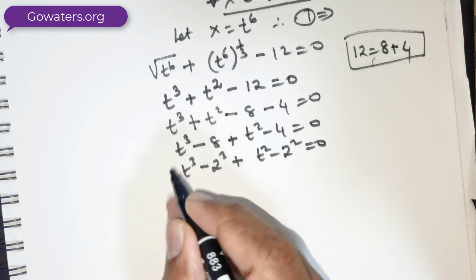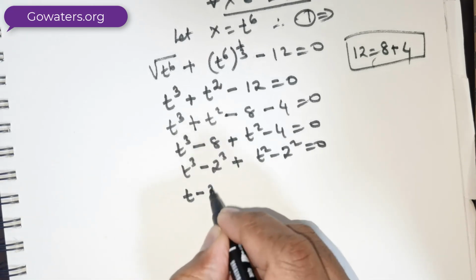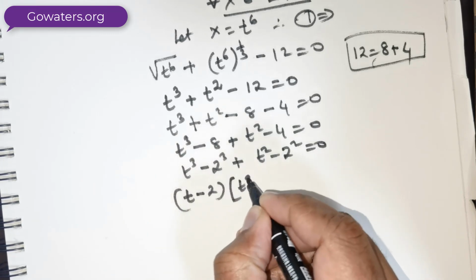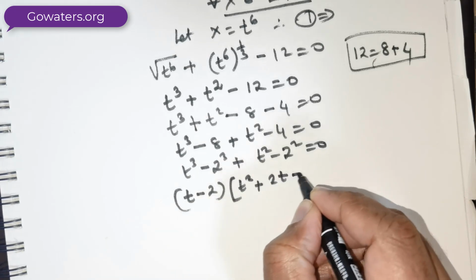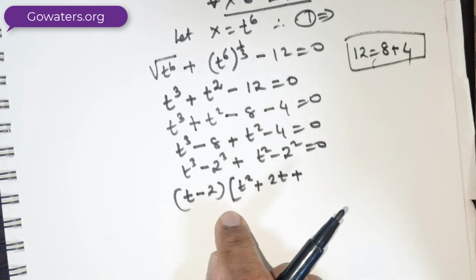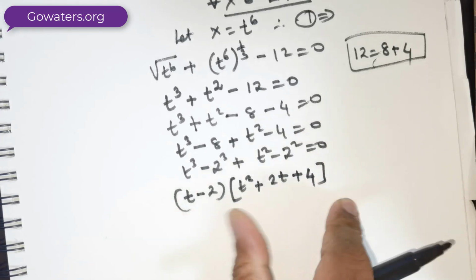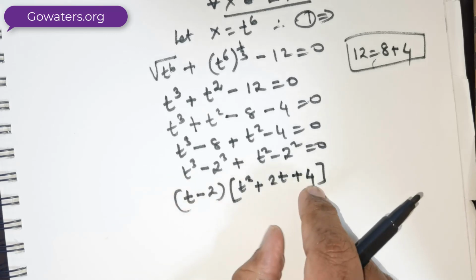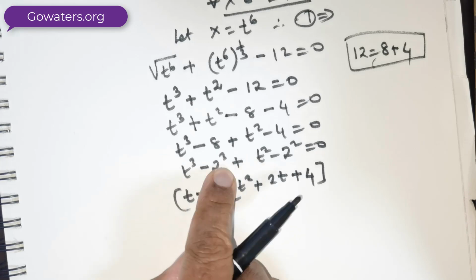Now I can rewrite t cubed minus 2 cubed as follows: t minus 2 times t squared plus 2 times t plus 2 squared, that's going to be 4. So if you were to multiply t minus 2 with t squared plus 2t plus 4, you will get back t cubed minus 2 cubed.